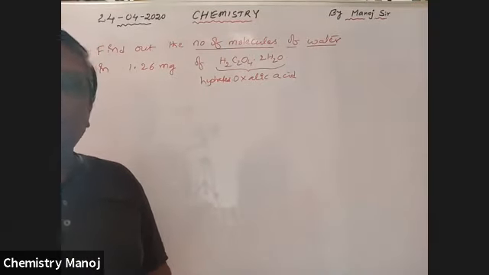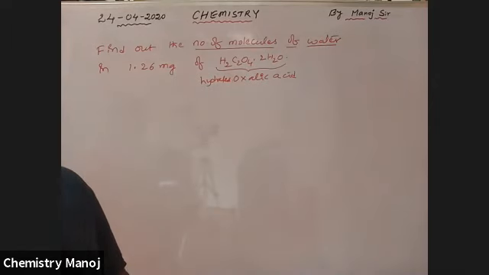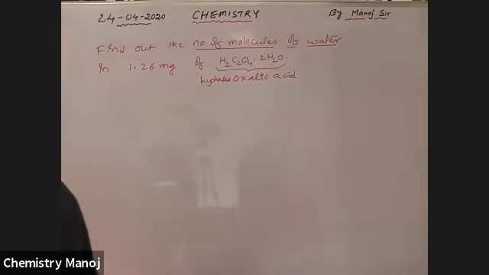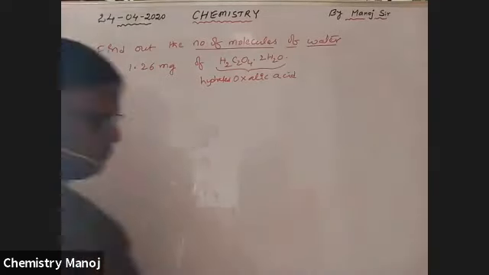So that's correct. 2 into 10 power minus 5, yes, correct. Exactly. Okay, see here.